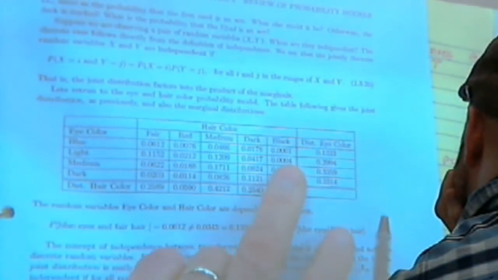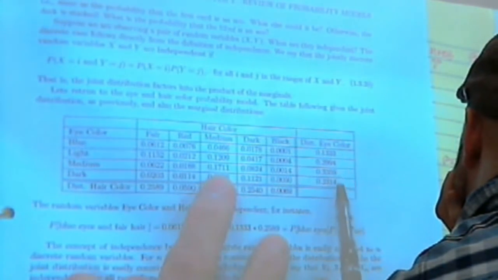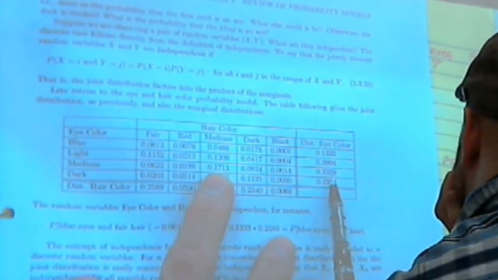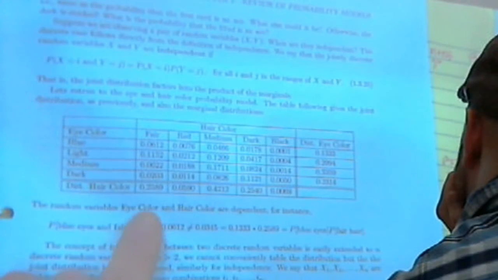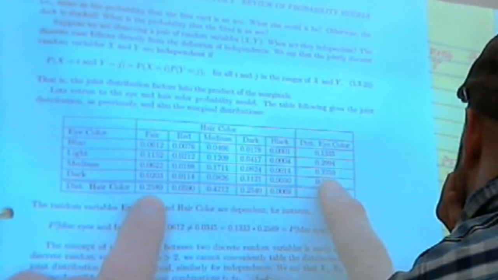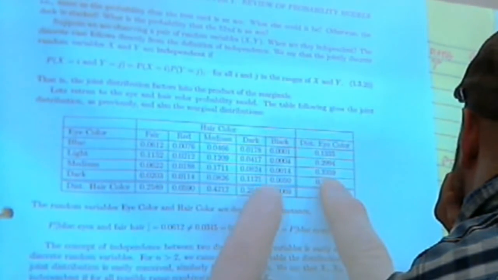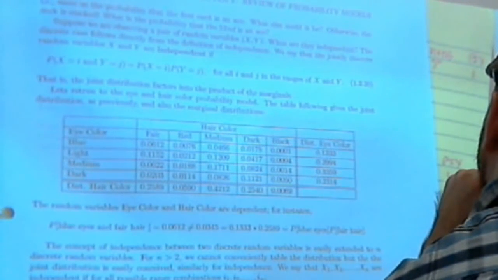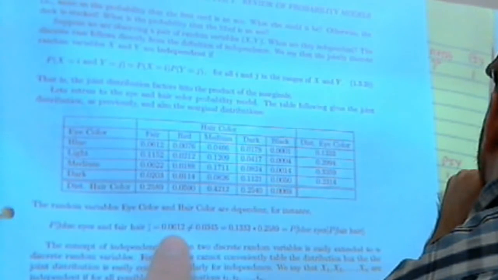You're not going to get these. 0.3 times 0.4 is 0.12.